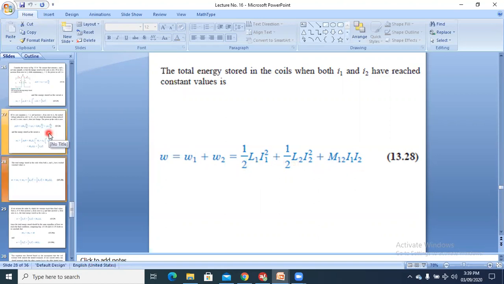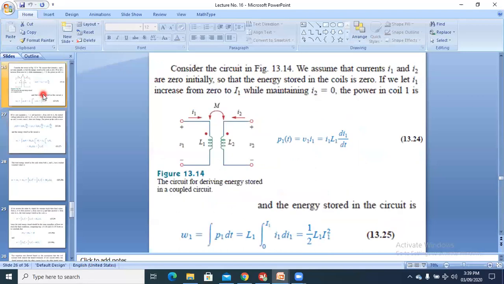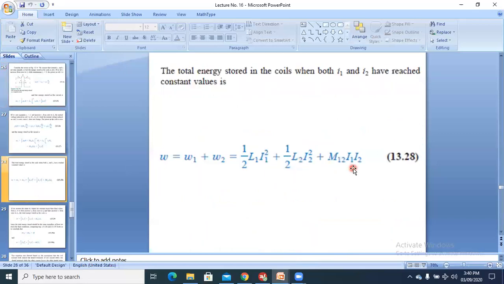This is the energy we calculated due to the mutual inductance and the coil 2 current, and this is the energy we calculated because of the current in coil 1. So we sum up the energy of these two coils and we get the total energy in the two coils.